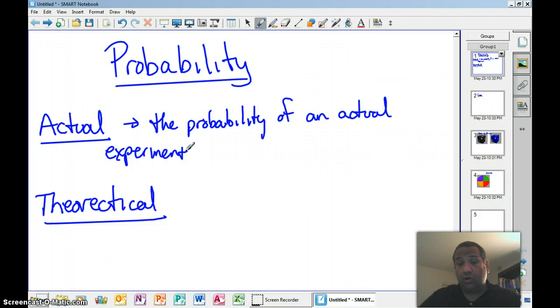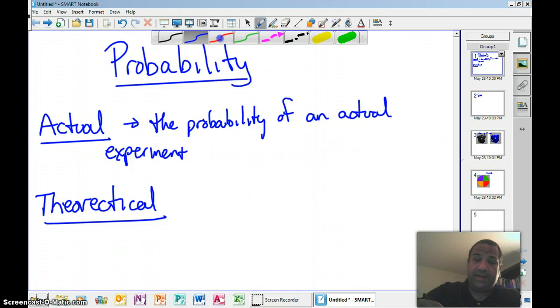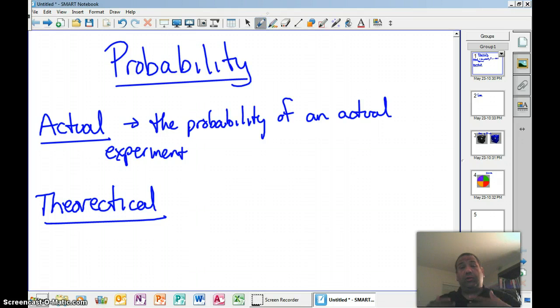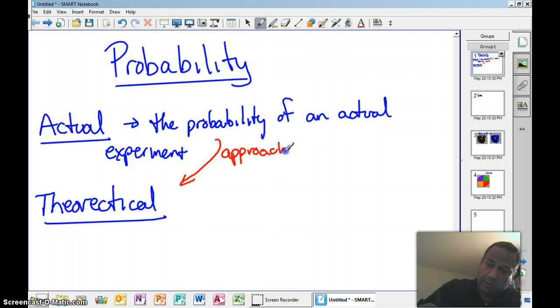All right? So actual probabilities can differ from theoretical probabilities. However, the more samples you take or the longer the experiment, the limit will actually, that's a calculus term, okay, the actual probability will approach the theoretical probability. I don't know if you knew that.